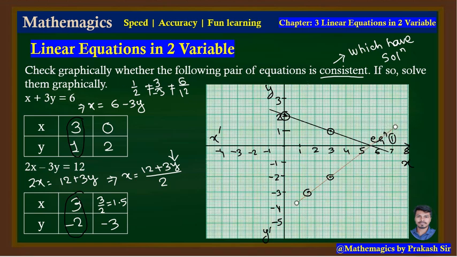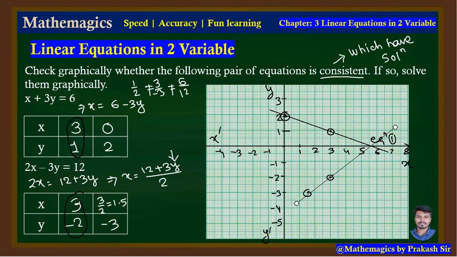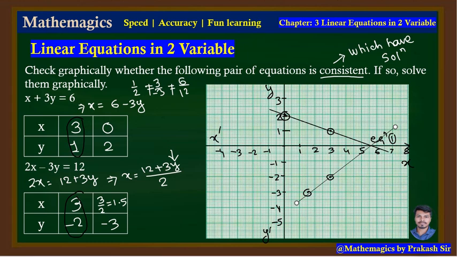And let me make it bold so that the part will be completely visible to us. So now finally we have obtained one point of intersection.